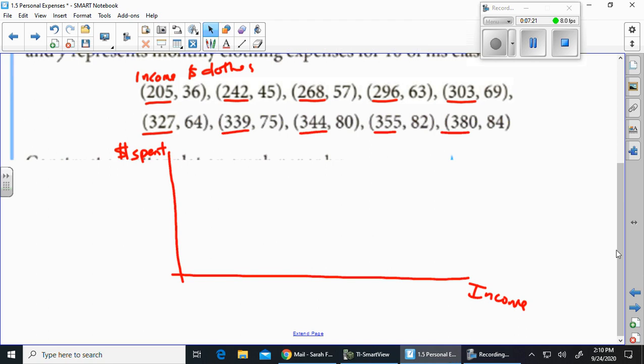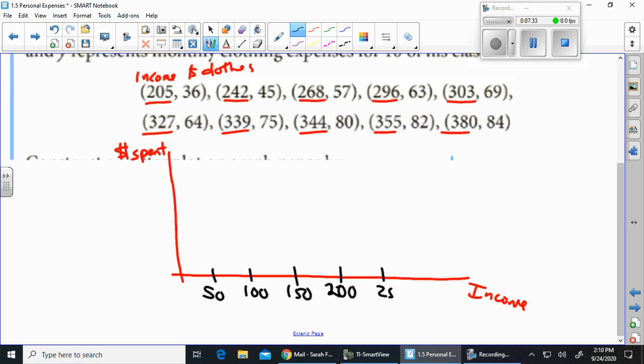They're like 200 to almost 400. So maybe you go by 50s, but you have to go by equal intervals. So like I'm going by 50s, and I could keep going, etc. My money spent on clothes is like 36 to 84. So maybe I go by tens, 10, 20, 30.